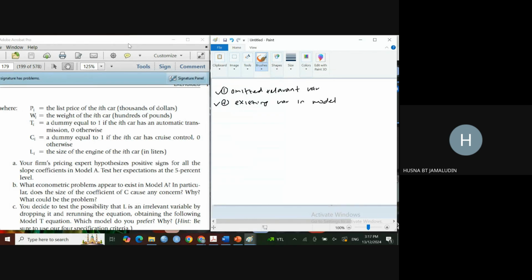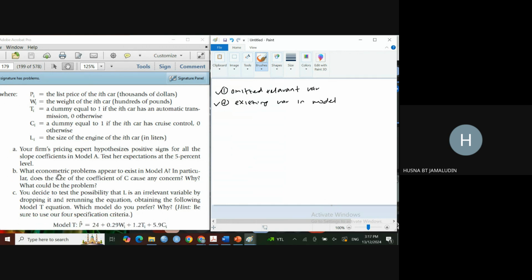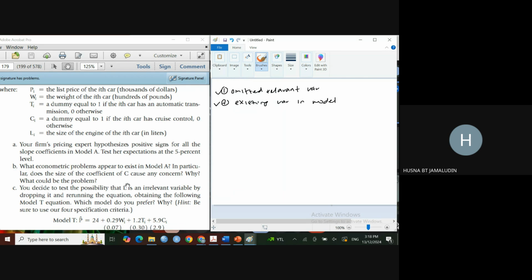So basically, when you look at question B, when they ask about the econometric problem, you have to find out what other possible omitted relevant variables there are. You can just pick one example, that should be sufficient. And then what could be the problem?